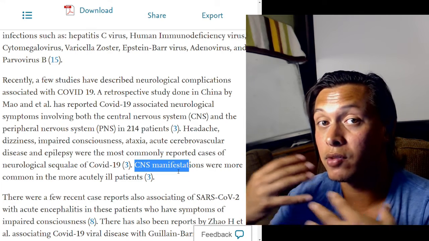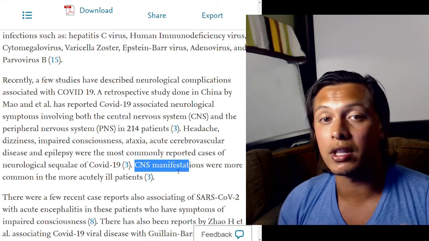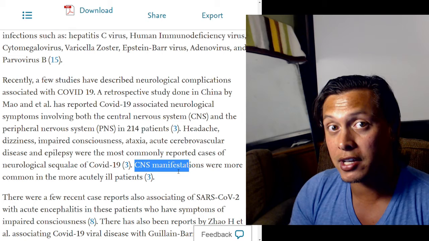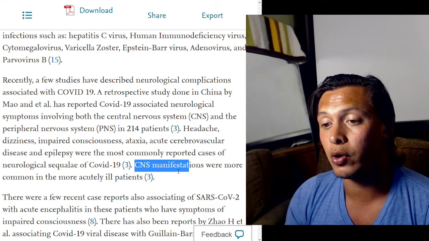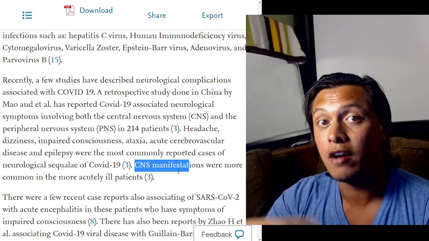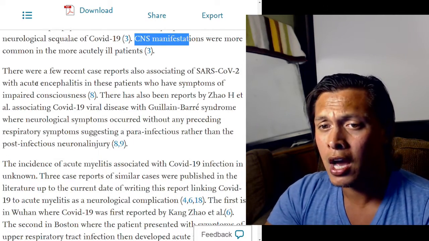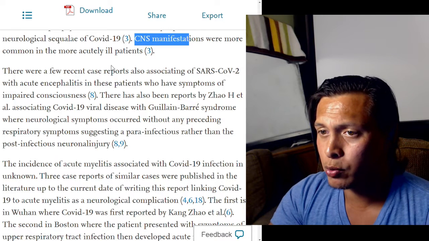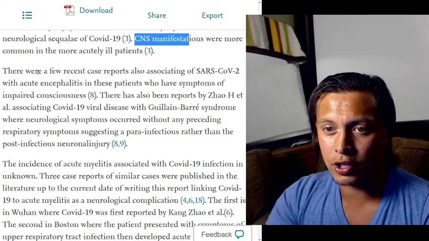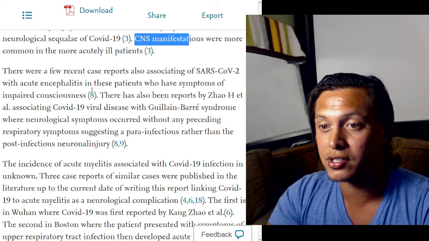So the more acutely ill they were, the more central nervous system manifestations there appeared to be. Now, is that because the virus is purposefully attacking the nervous system, or is that just one of the side effects? Is it an autoimmune attack? That is possible as well. So it's really hard to know all the complications that can arise from a novel virus. Anyways, there were a few recent case reports also associating SARS-CoV-2 with acute encephalitis in patients with symptoms of impaired consciousness.